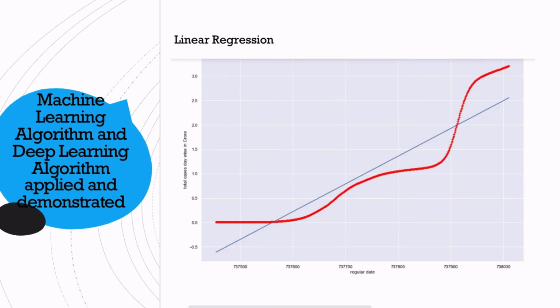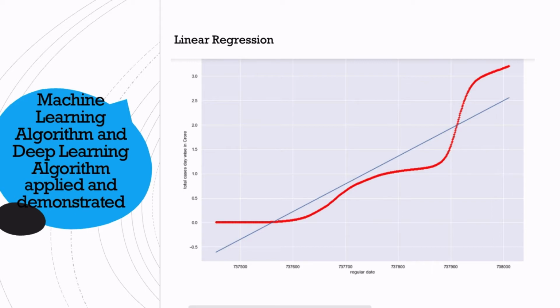Now we will see some machine learning, deep learning algorithms. The first one is linear regression. After doing this, here is the graph of total cases in India. It was about regular date versus the total cases.